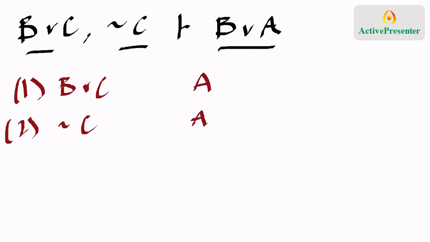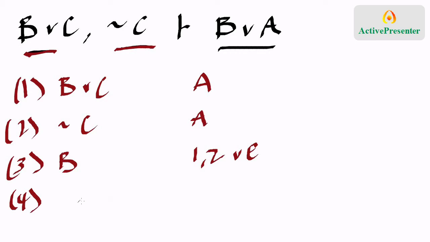Okay, so we have our two premises, B or C, not C, first, and we have them labeled, cited as assumptions. And then next, what we want is to use on lines 1 and 2 or elimination. So that gives us B.